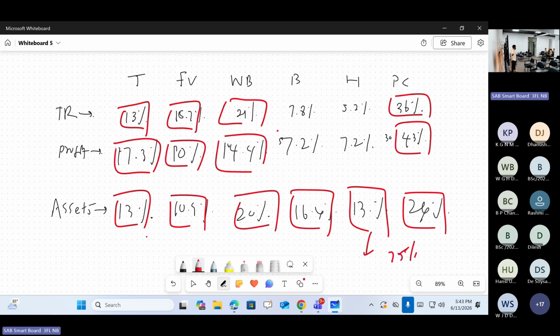The examiner has given this percentage. All the segments are operating segments.